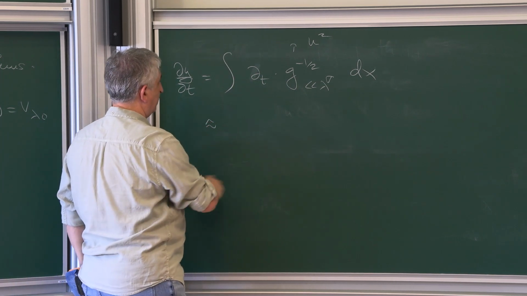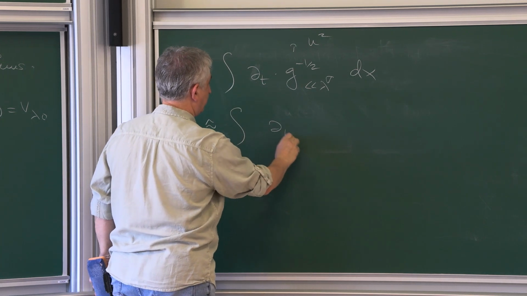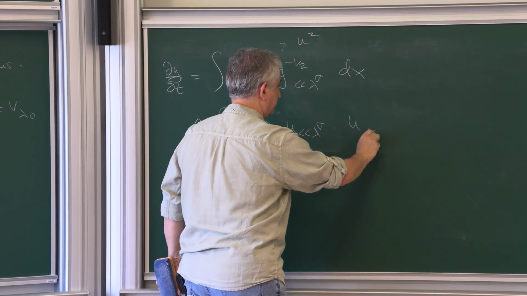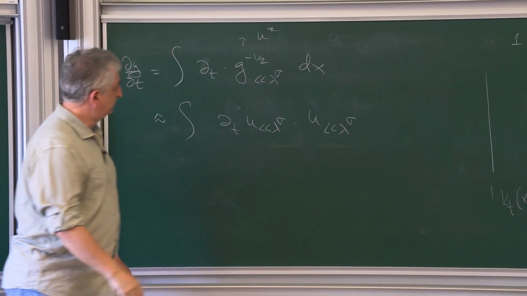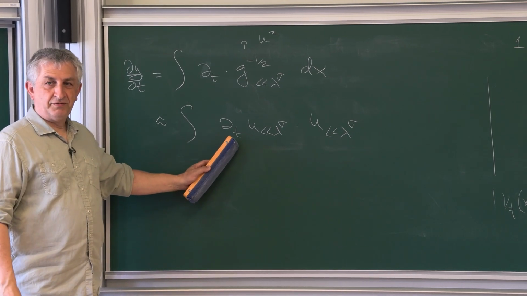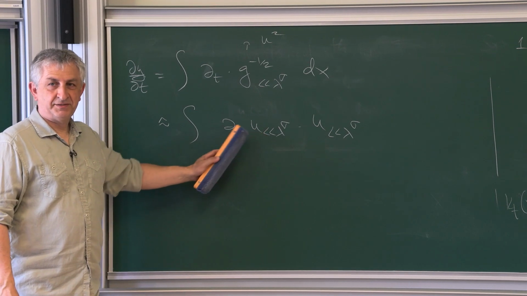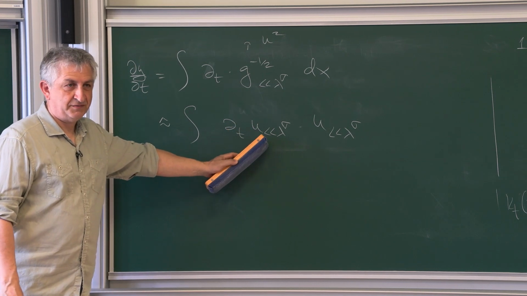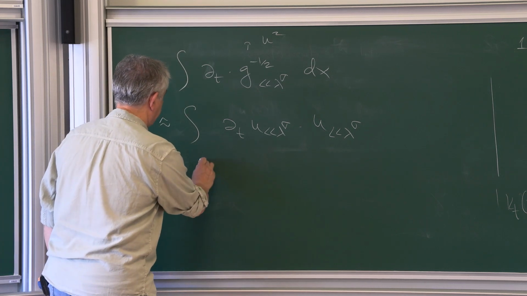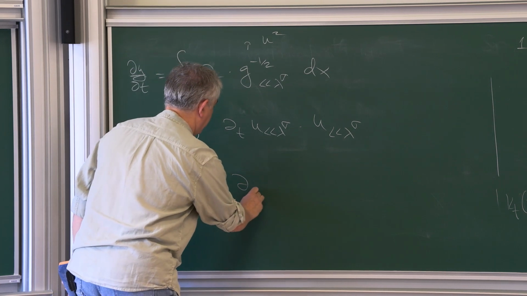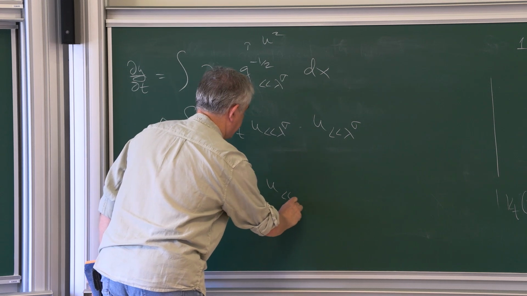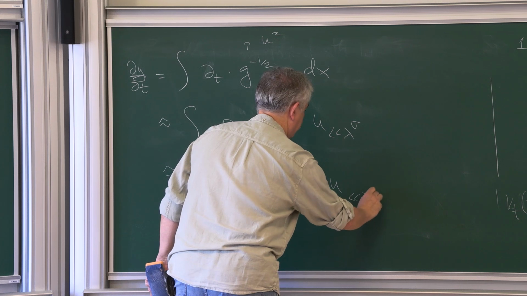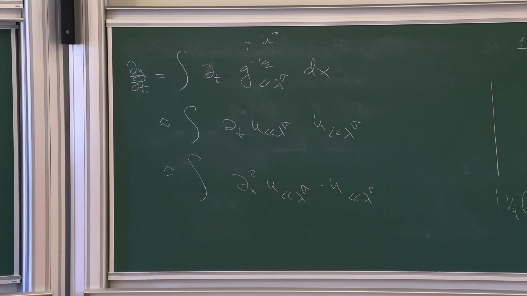So this will be morally like the integral of dt of u much less than lambda sigma times u much less than lambda sigma. You take two derivatives of your solution. That's the bad guy. One time derivative, that's two spatial derivatives, right? So this is like the integral of dx squared u much less than lambda to the power sigma times u much less than lambda to the power sigma.